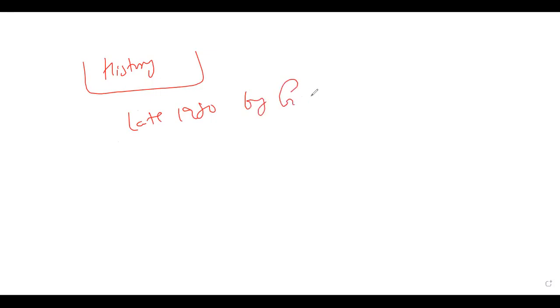The history of Python: who developed Python? Actually, it was developed in the late 1980s by Guido van Rossum. Late 1980s, and he wrote the first interpreter.